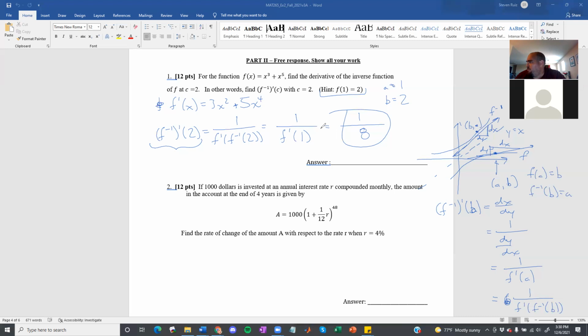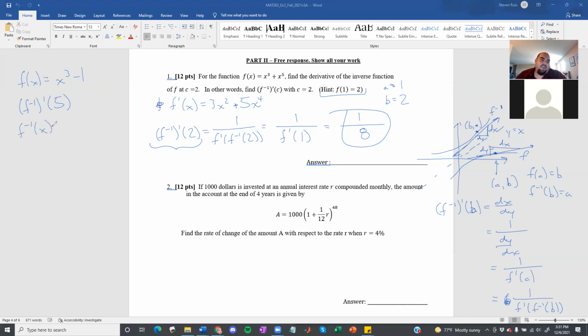But remember, the real use of that theorem is when the inverse is hard to find. So, for example, I could ask you, here's f of x equals x cubed minus 1, and I could ask you, what's f inverse prime of 5? You could use the inverse function theorem on that, but it's also really easy just to invert that.